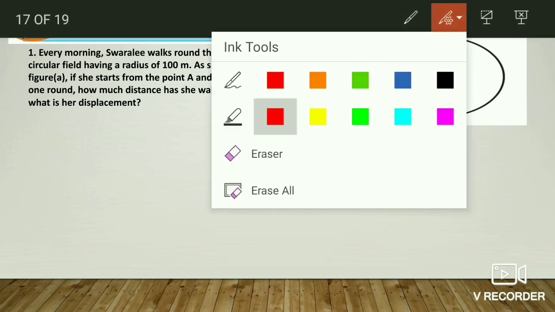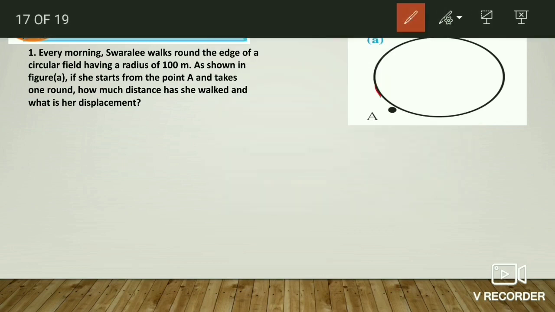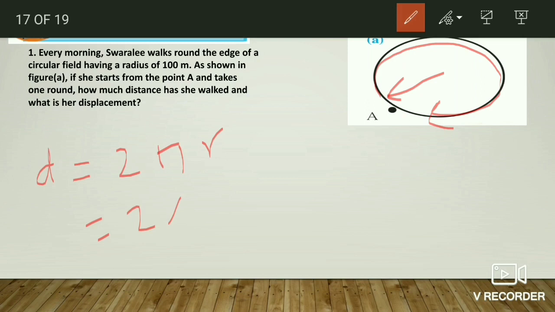Now, in this example, Sorali walks around this circular field. That means distance is along the circumference of a circle. And here the radius is also given, that one is 100 meter. So to find distance, we have to find the circumference of a circle. That means 2 pi r. Here r is 100 meter and pi.